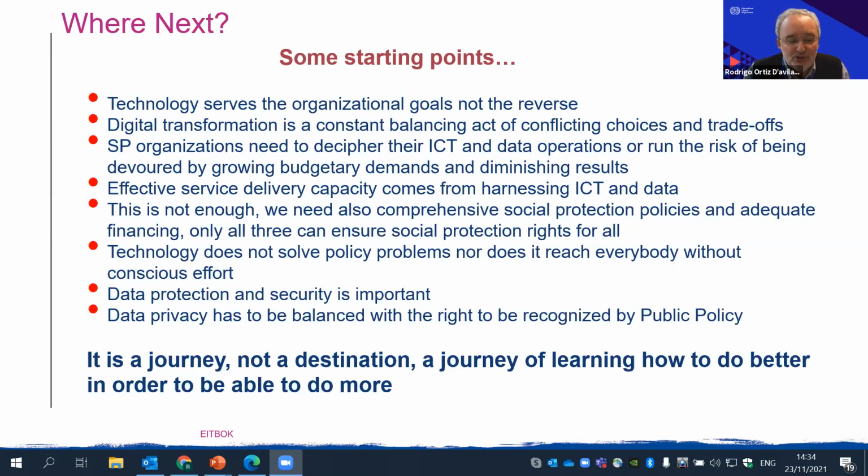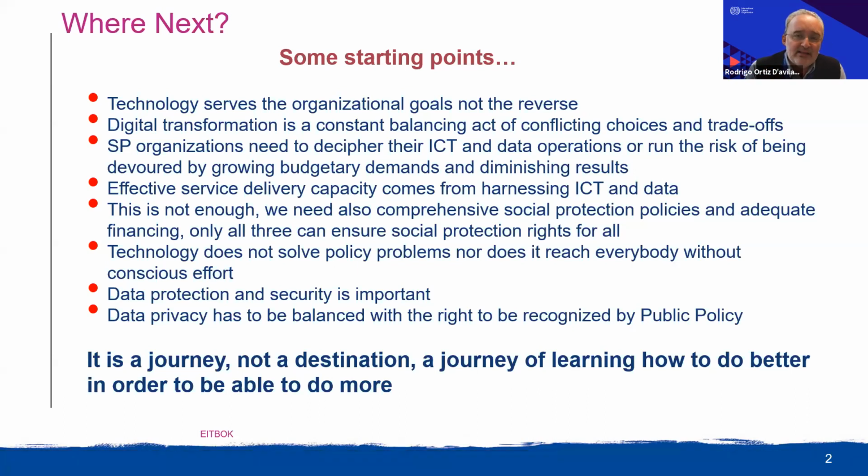It is not sufficient. You also need comprehensive and well-structured social protection policies. And you also need adequate financing. Only the combination of these three elements, effective delivery through technology mostly, good policy, and adequate financing, are the three legs that can sustain social protection for all.